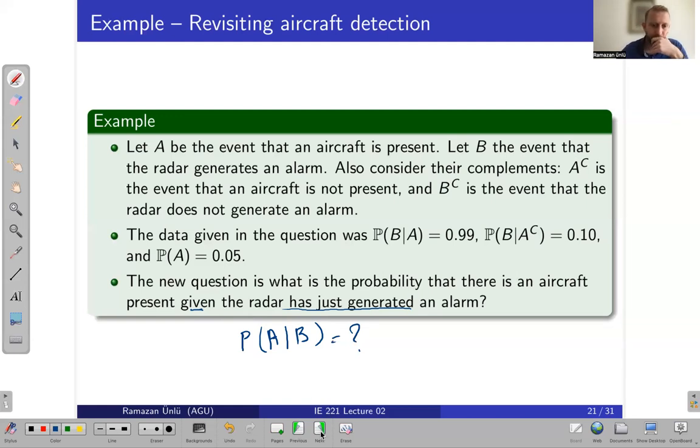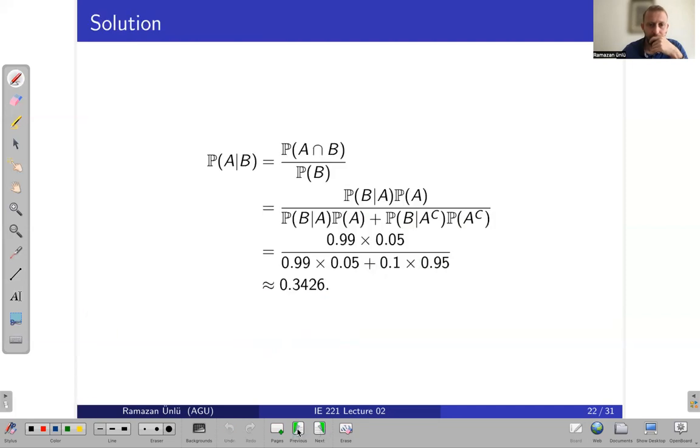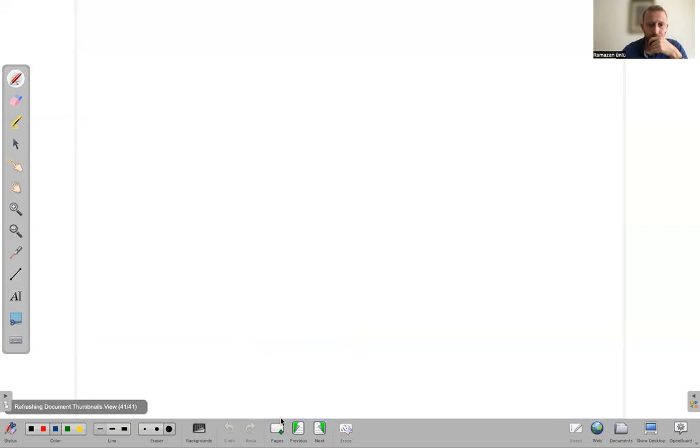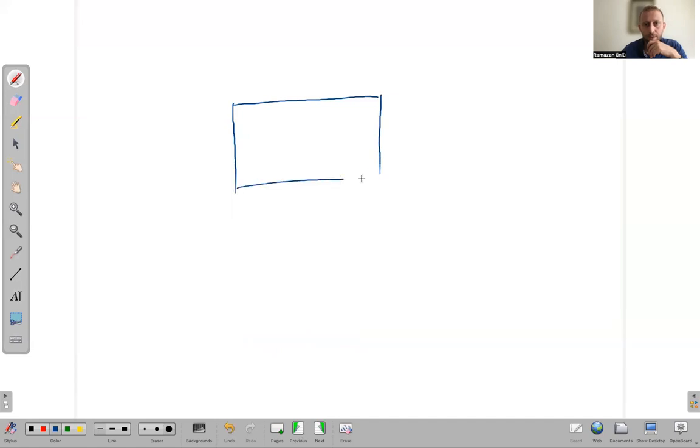Okay, let me create, let's draw it again, just to make it easier to understand. Let's say I have my omega, and this is A, which means the aircraft is present, and A complement is the aircraft is not present.